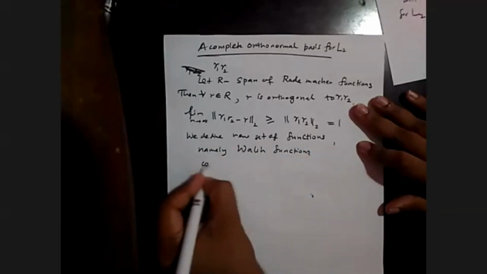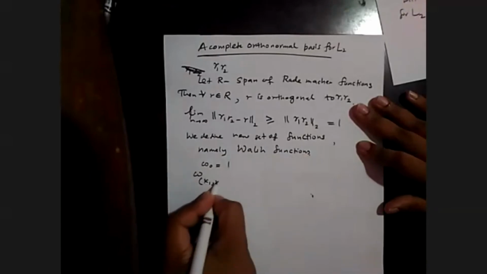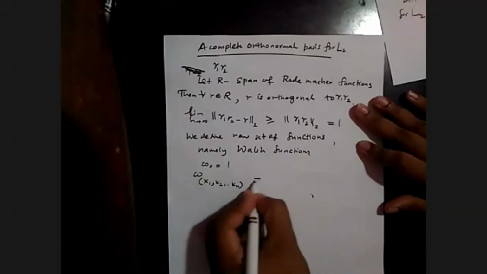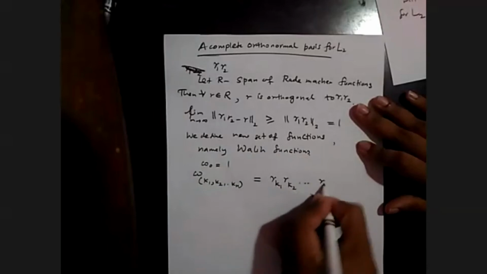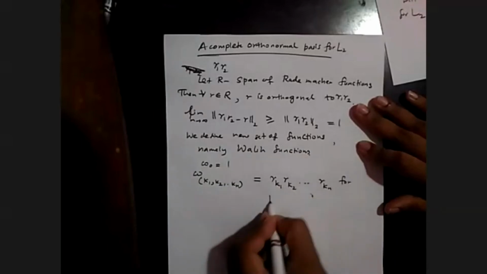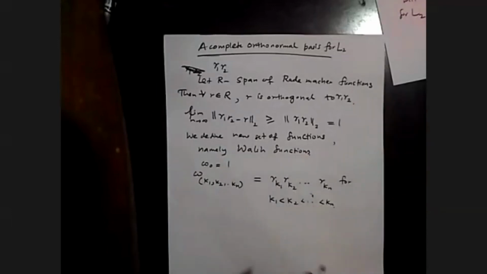This is how we define them: omega naught equals 1, and omega sub k1, k2, all the way up to kn equals r_k1 times r_k2 all the way up to r_kn, for k1 less than k2 less than kn. And since any continuous function can be approximated by the Walsh functions and continuous functions are dense in L2, therefore we can say that this new system will create a complete orthonormal basis for L2.